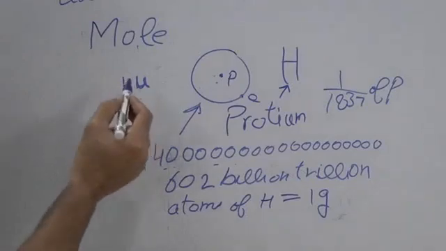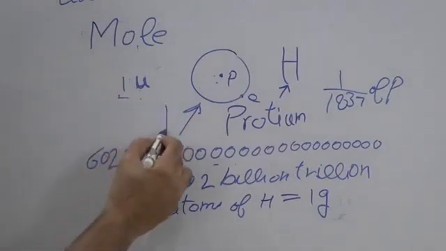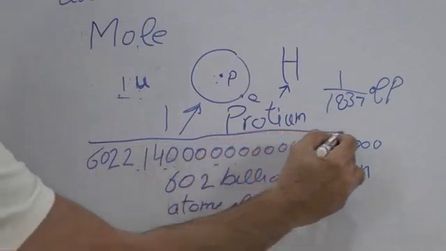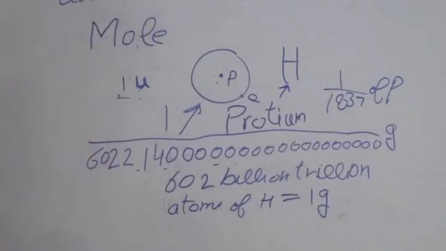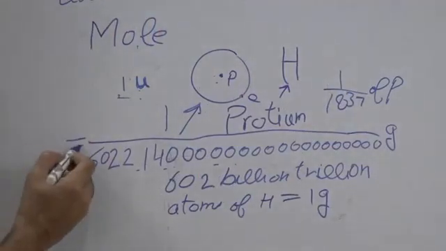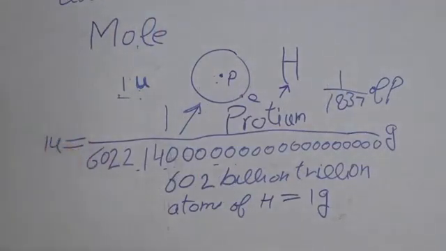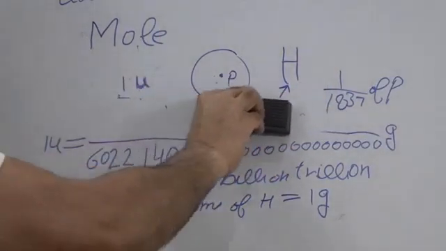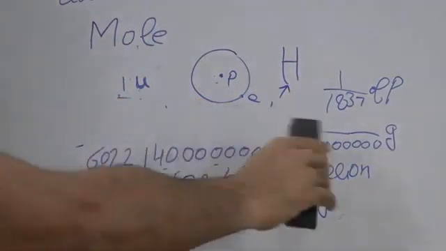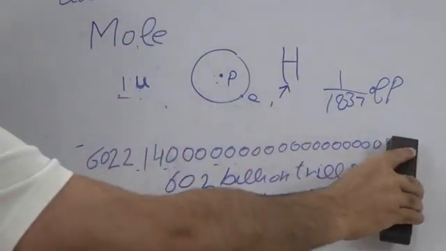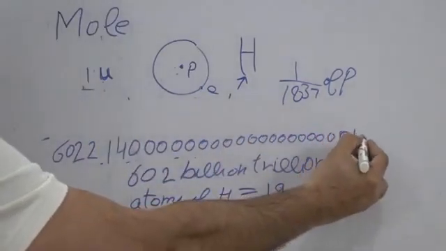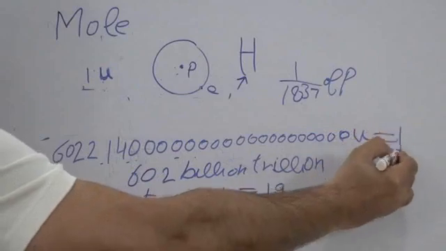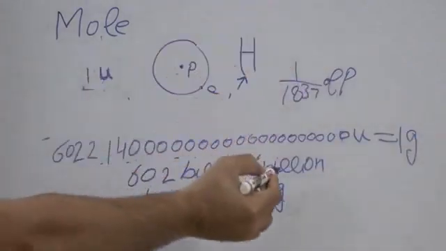And how much is 1 U? 1 upon this number of grams is equal to 1 U. Or in other words, this many U weigh 1 gram.